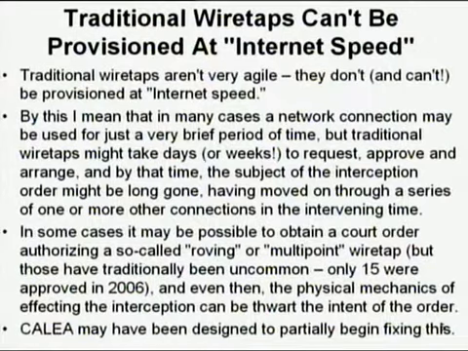There are things called roving or multi-point wiretaps that are designed to follow a person rather than specifying a particular location, but those are very rare. As an example, only 15 of those in the United States in all of 2006. So when you start thinking about all these things, it starts to become a sort of odd world.